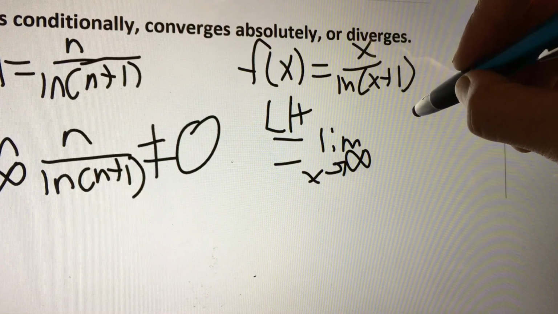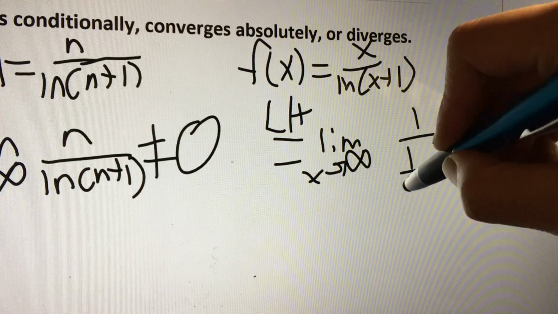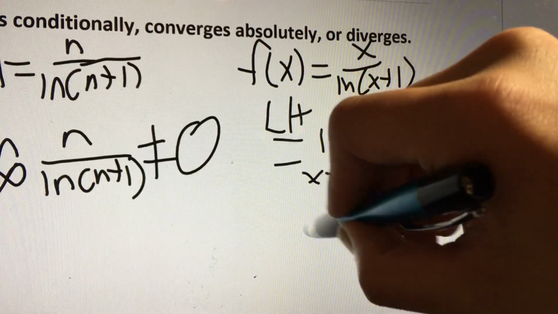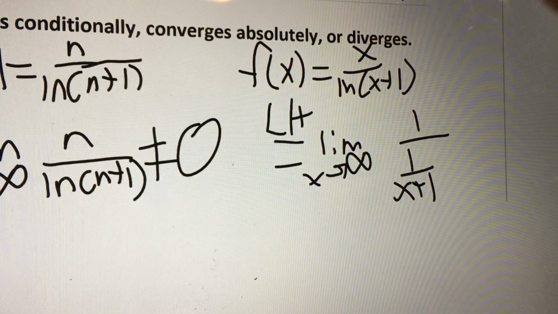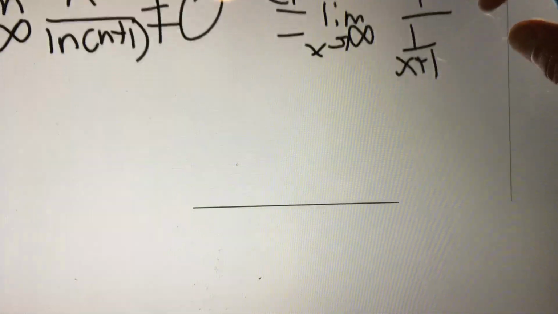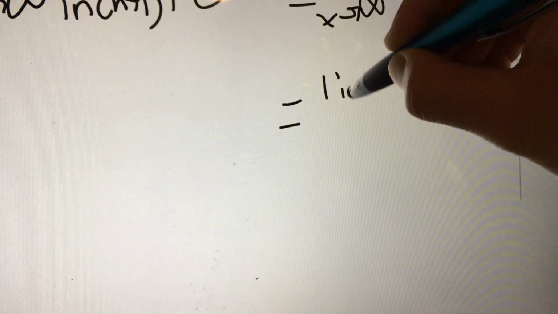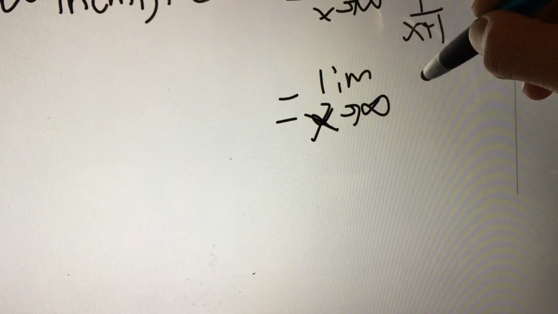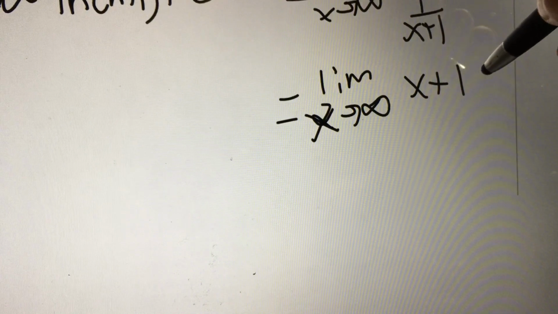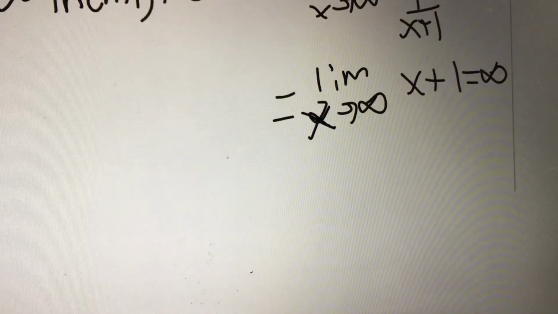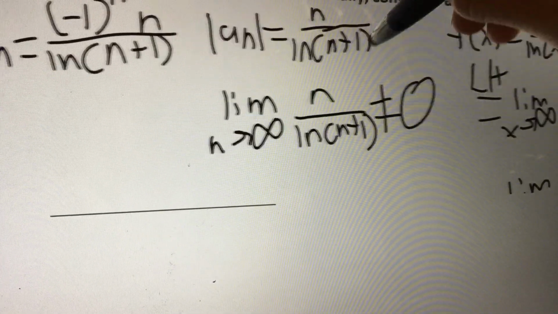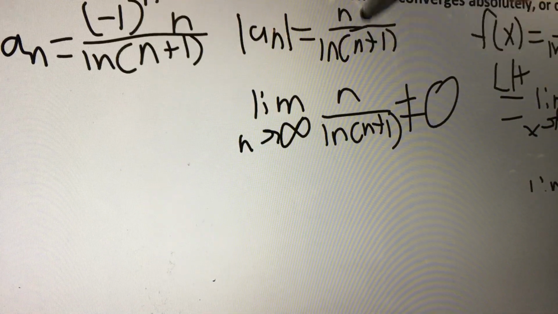We have 1 over 1 over x plus 1, which ends up being the limit as x approaches infinity of x plus 1. This ends up being infinity as well. So because we know f of x approaches infinity, we know this will diverge. Okay?